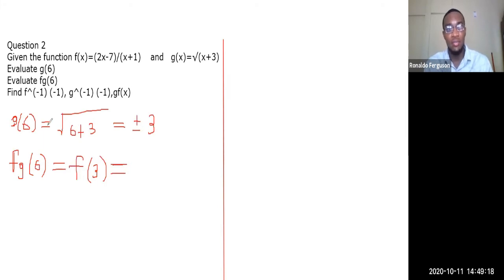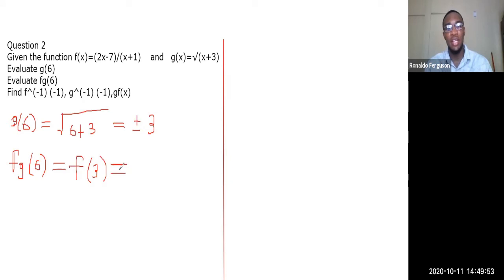In this question, I can assume that they want the positive value. Why can I assume that? Generally when they want the negative value, sometimes they'll tell you plus or minus the square root of. But given that they didn't tell me plus or minus the square root of, even though I know that g of 6 will give me two values, I can assume that the g of 6 value I use here is the positive value. Right? Because they didn't give me a minus or a plus right there.